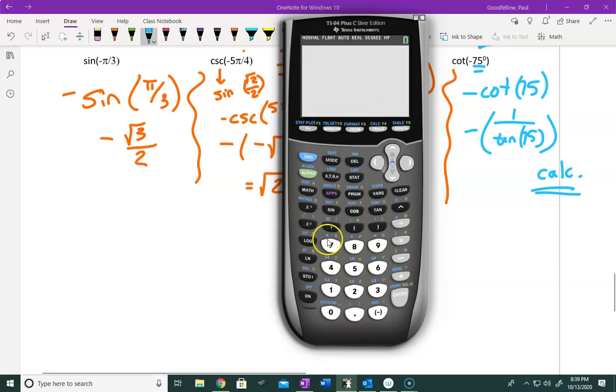And if I was going to calculate it, I'd do 1 divided by tangent of 75 on the bottom, and then I'd have to tack on a negative, and the answer would be negative 0.26. And that's what theta would be in the end.